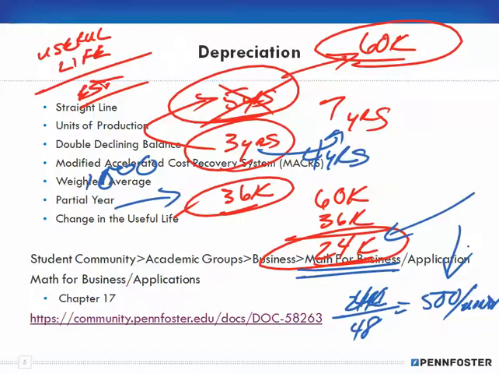Now, like I said, generally a change in useful life doesn't happen that often, but it does. Personally, I've never actually had to do it. But when you're in really, really big companies, and remember, you're getting your bachelor's degree, you're being trained as a professional to be able to go into any industry and function at that professional level.